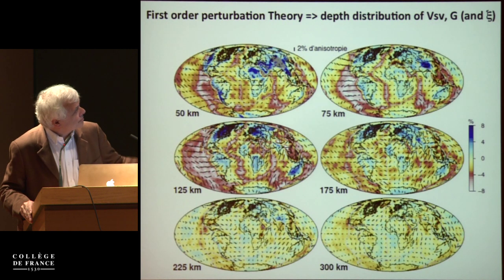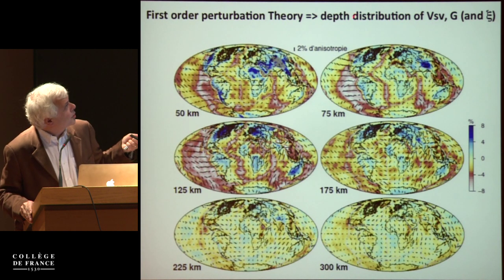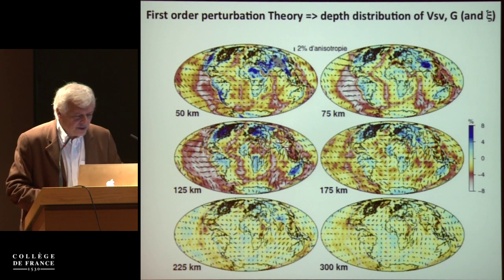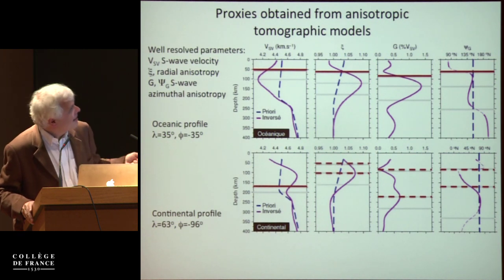Okay, so now from first-order perturbation theory, we do an inversion, and we obtain, again, at different depths, these different maps between 50 and 300 kilometers, and azimuthal anisotropy. We see that we have a small anisotropy, it's only 2%, but it's quite significant. And from these different maps, we can also extract the lab by using this approach.